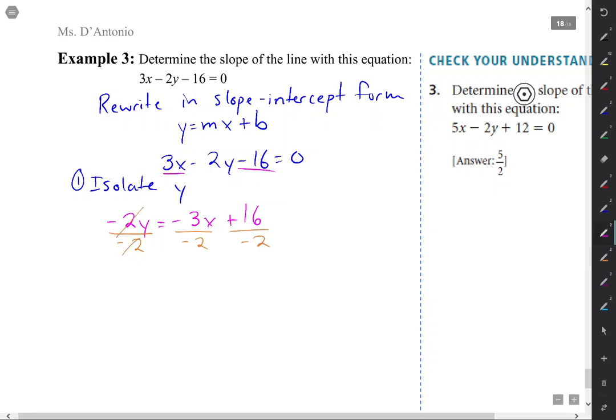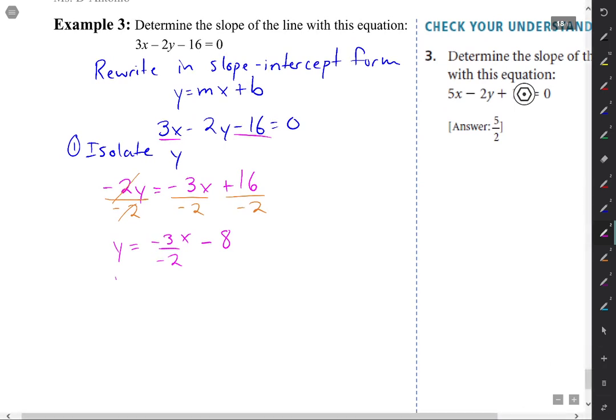So on this side of the equal sign, we're going to be left with y, and then is equal to minus 3 over minus 2x, and then 16 divided by negative 2. What would that give us? Well, that would give us minus 8. And we can simplify this a little further because we have two negative signs, one in the numerator, one in the denominator, and we know that those cancel out. So this is really just 3 over 2x minus 8.